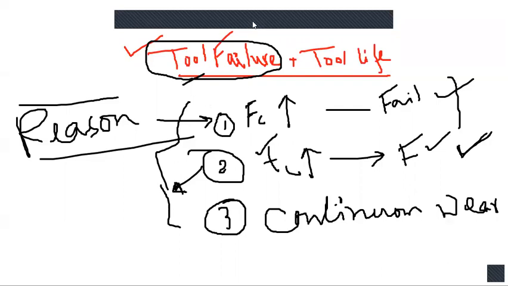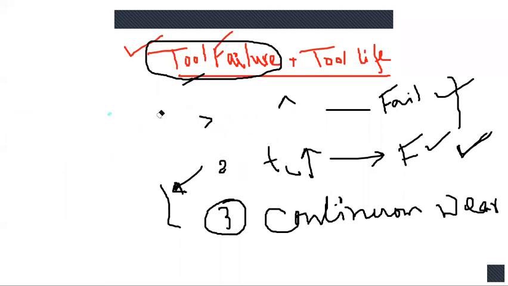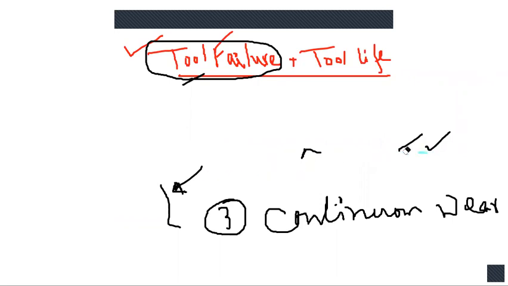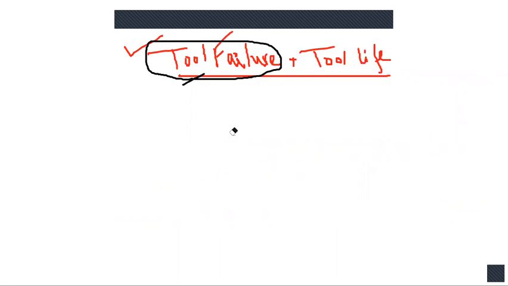Okay, so cutting tool technology has two aspects.